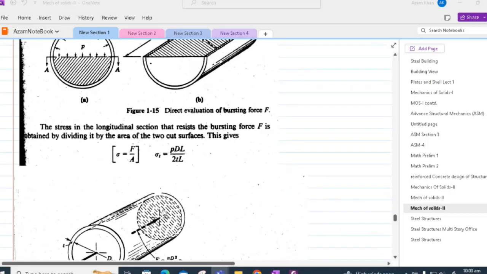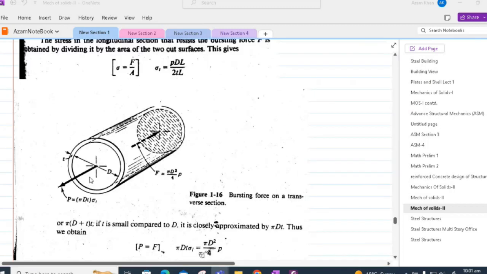L will get cancelled and we will get sigma T equal to pd by 2t. The reason this is called tangential stress is that it acts tangent to the surface of the cylinder. Other common names are circumferential stress, hoop stress, or girth stress.